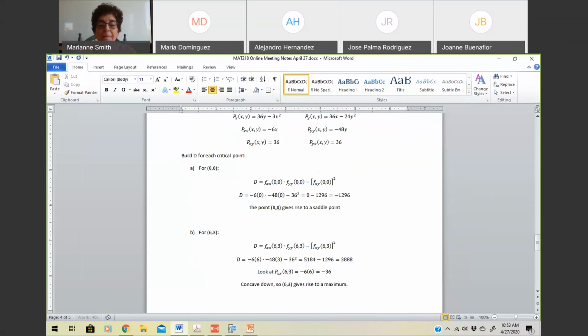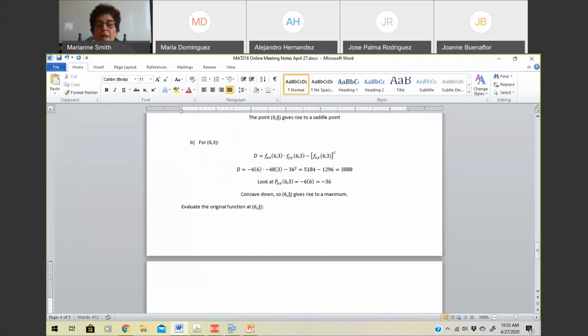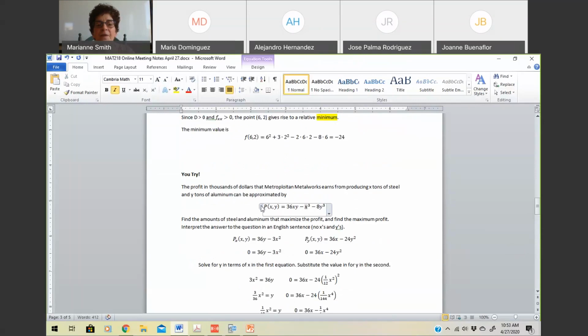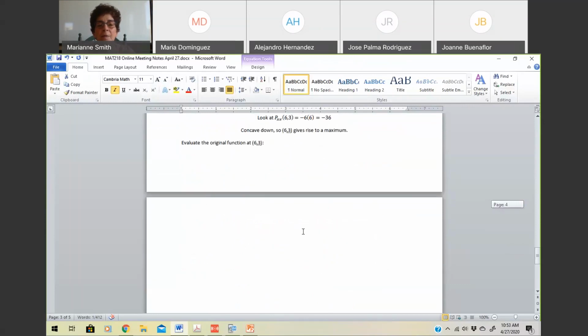All right, now they asked us for a maximum value, so let's evaluate our original function. I've got to go way back up here to get my original function. That's my profit function. I'm going to put that right here, and then I'm going to put in 6, 3. Everywhere I see an x, I'm putting in a 6.